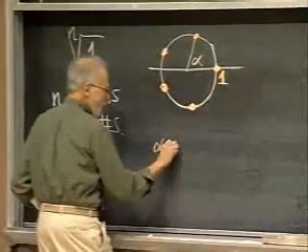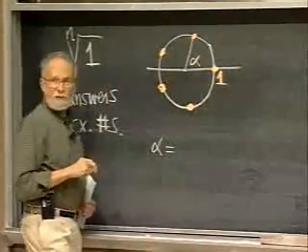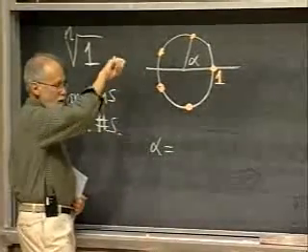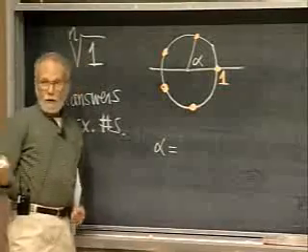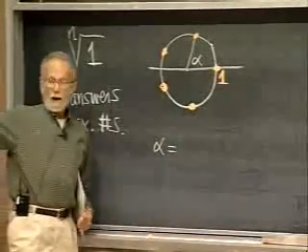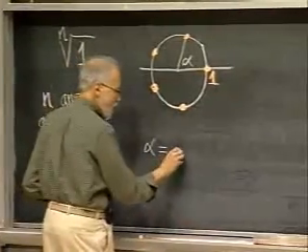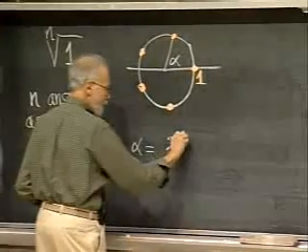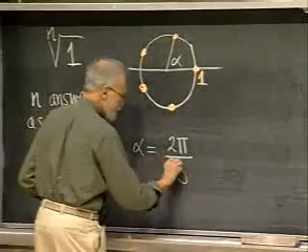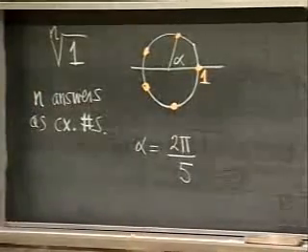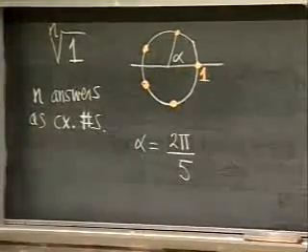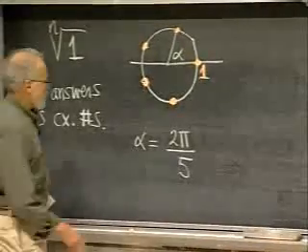Alpha should be the angle, what would be the expression for that? If there are 5 such equally spaced, it will be 1/5 of all the way around the circle. All the way around the circle is 2 pi, so it will be 1/5 of 2 pi in radians.